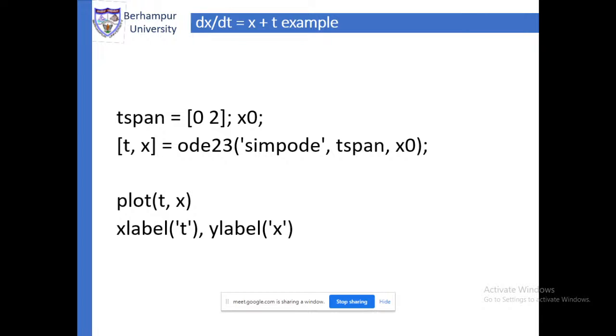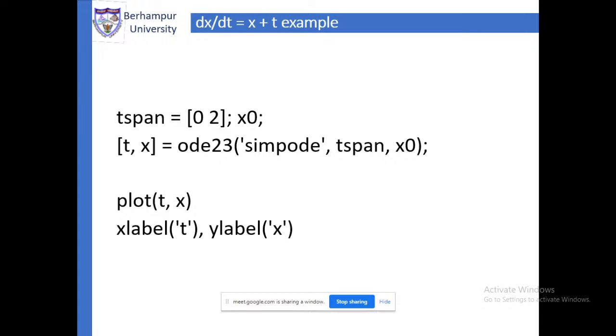Simply write simpode within quotes, then comma, then 0, comma 2, then comma x0. x0 is the initial value. We know x0 is equal to 0. If you have defined x0, good. If you have not defined x0 earlier, here in this command mode, straight away write x0; in place of x0, write 0. Then write plot(t,x). This will plot t versus x.